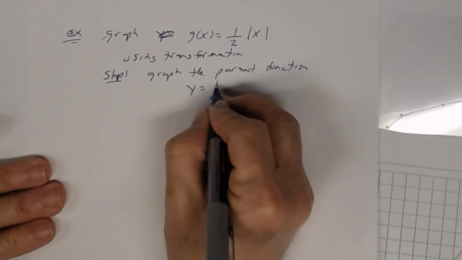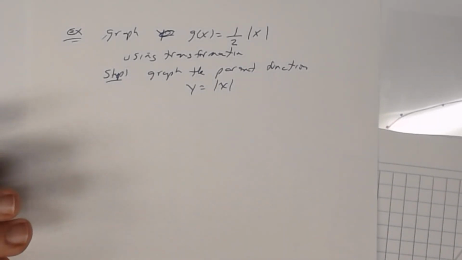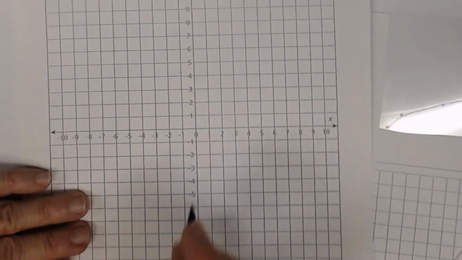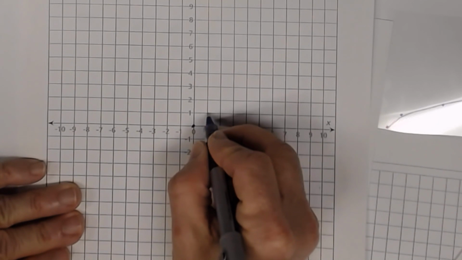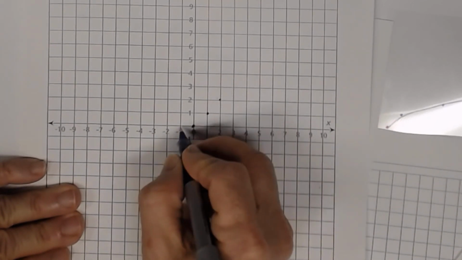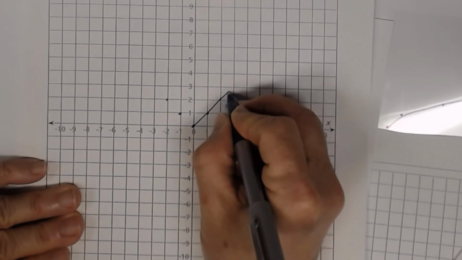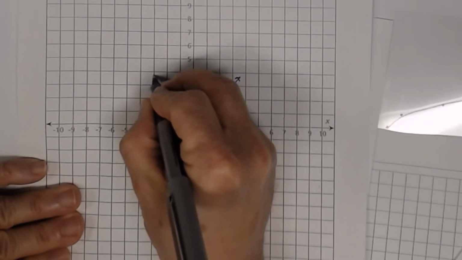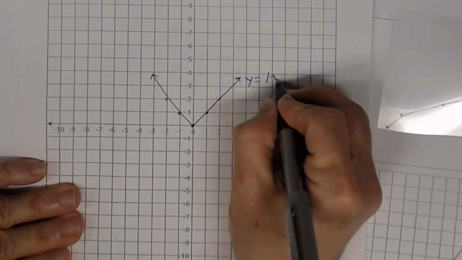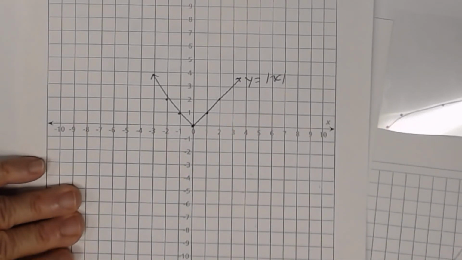So that's y equal absolute value of x. All right, so let's go ahead and do that now. So we're going to graph it in a coordinate grid. So 0, 0, 1, 1, 2, 2, negative 1, 1, negative 2, 2, and so on. So it looks like this. Okay? So that is y equal absolute value of x.